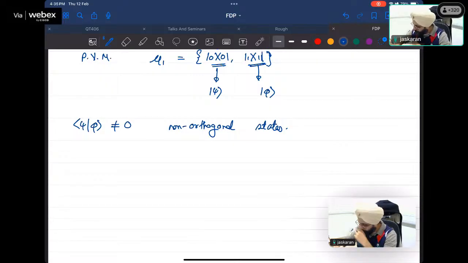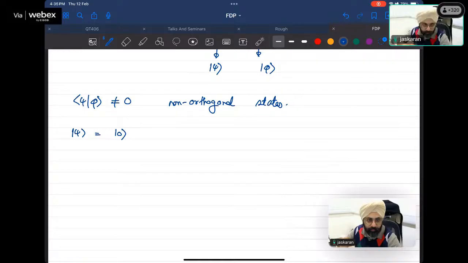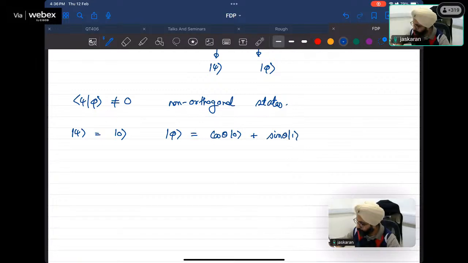Let us assume the state given to me, |ψ⟩, is |0⟩ as before. But now assume |φ⟩ is something like cos θ |0⟩ + sin θ |1⟩.